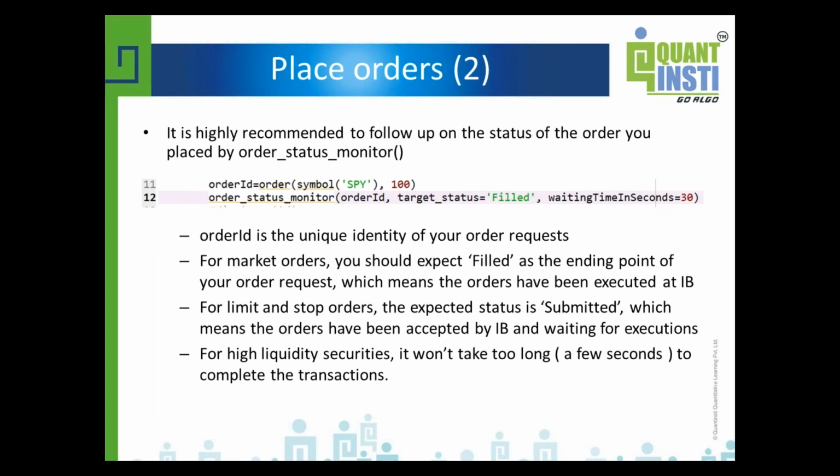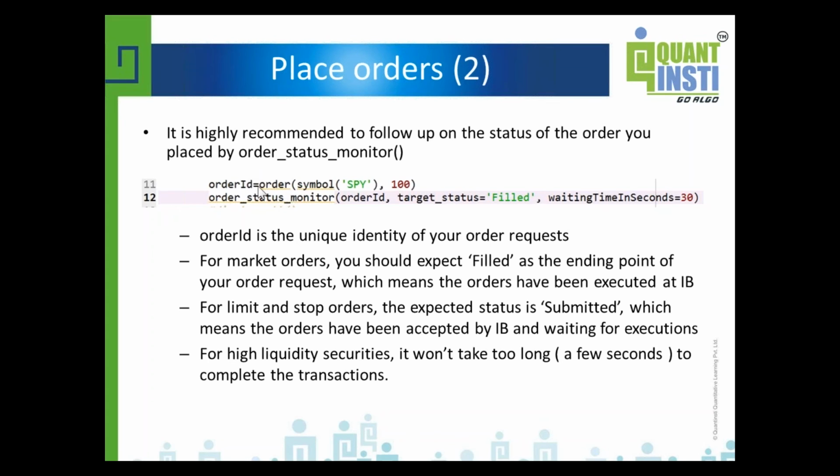When it's filled, which means your order has been executed at IB, IB will feed back filled as the order status. And for a market order, you should expect filled as the ending point of your order request. So you put filled there.